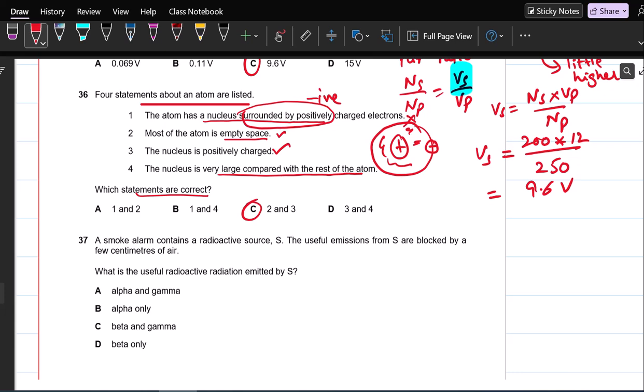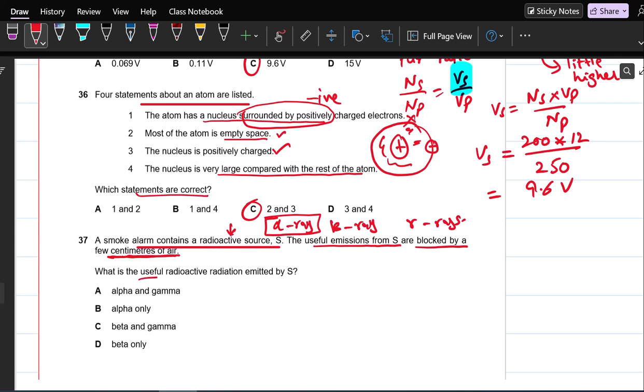A smoke alarm contains a radioactive source S. The useful emissions from S are blocked by a few centimeter of air. So they are talking about a radioactive source. Alpha rays can be there, beta rays, gamma rays. Only alpha can be stopped by a few centimeter of air. What is the useful radioactive radiation emitted by S?